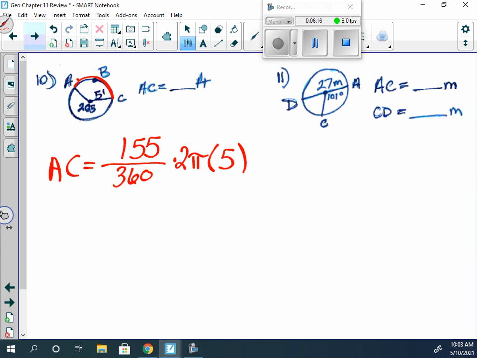It'd be 155 because the bigger arc is 205. So do 360 minus 205, which would give us 155. So that angle right there is 155 degrees, which means our arc degree would be 155.